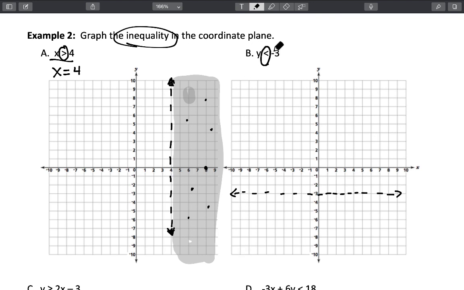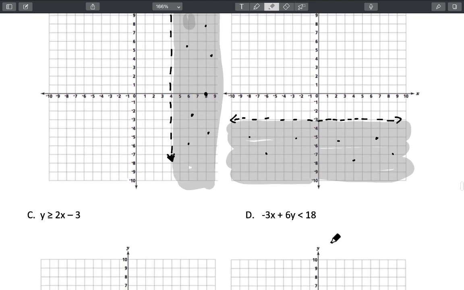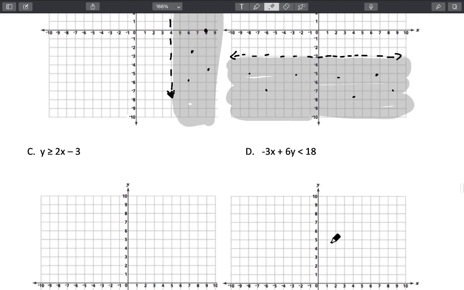Since I want all the y's that are less than -3, any ordered pair down here below that dotted line is going to have a y coordinate that's less than -3. So my half plane that contains all those solutions would be this entire plane shaded below my boundary line.